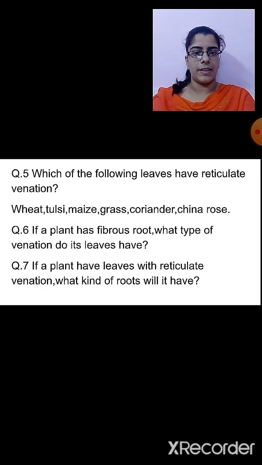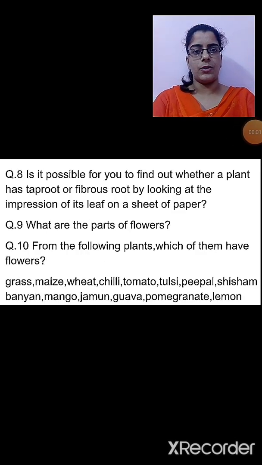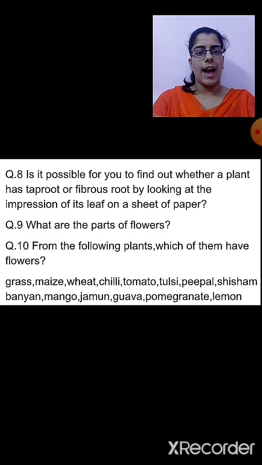Then question number 7. If a plant has leaves with a reticulate venation, what kind of roots will it have? If the plant has leaves with a reticulate venation, the roots will be taproot. Now let us see question number 8. Is it possible for you to find out whether a plant has a taproot or the fibrous root by looking at the impression of its leaf on a sheet of paper?